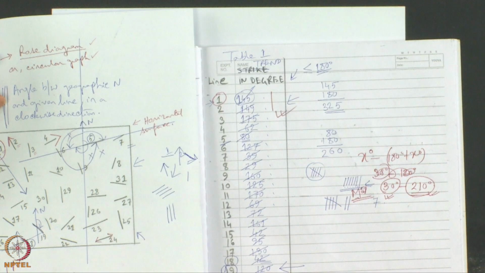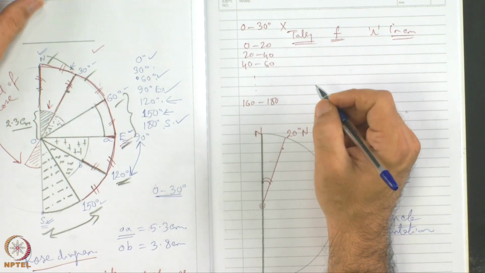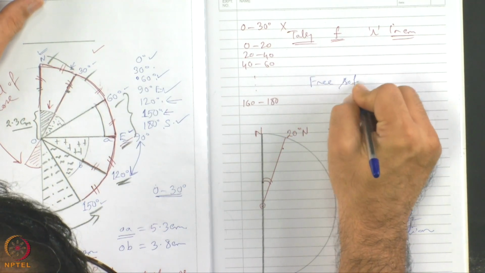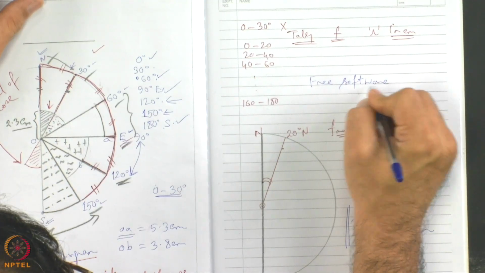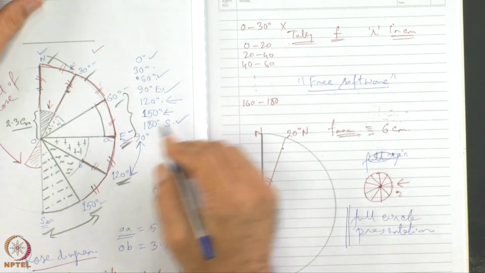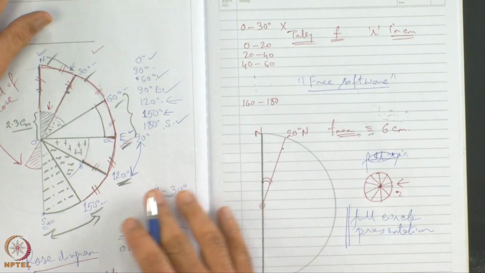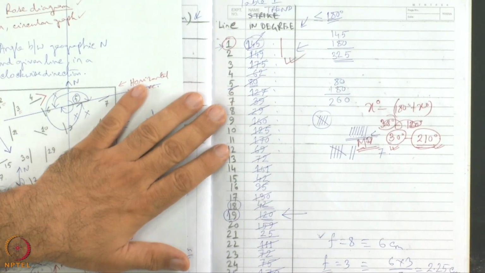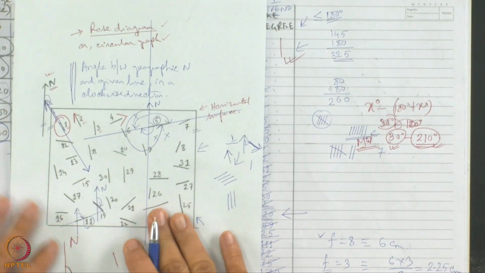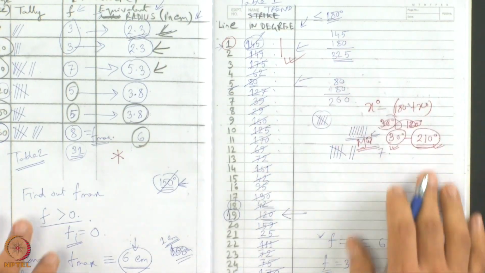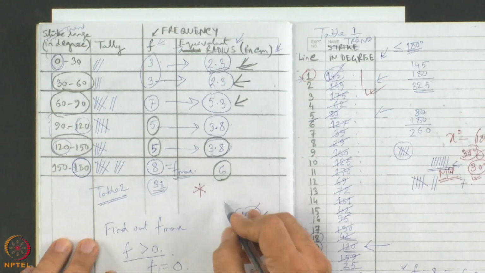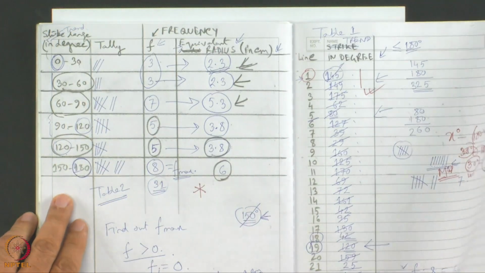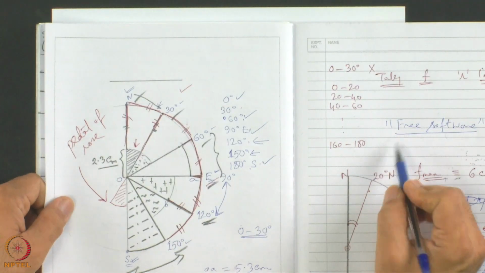By searching on the internet, you can easily find free software using which one can create the rose diagram. So, it is also an essential student exercise that, based on this data set, table 1 was created and then table 2 was created; use this table 2 information with software to come up with a rose diagram.